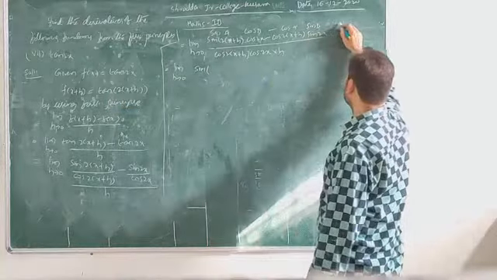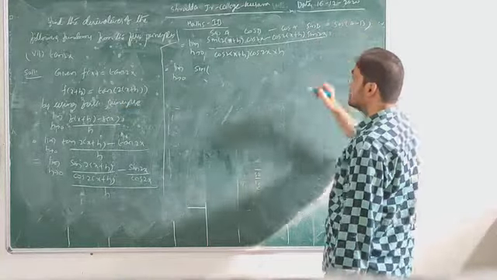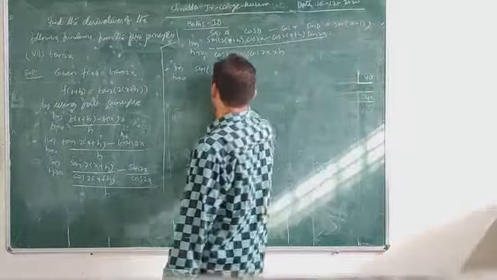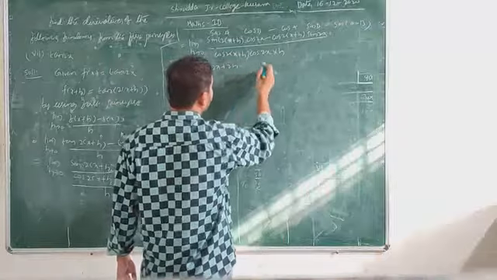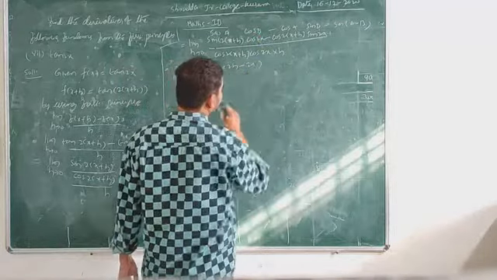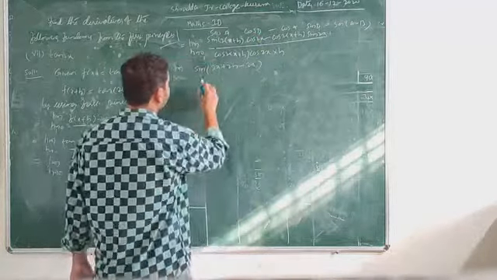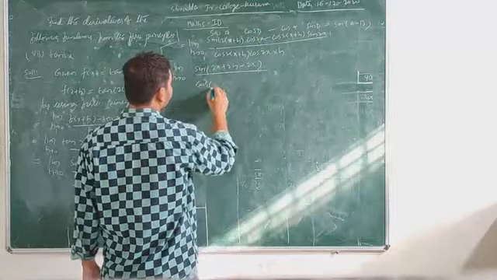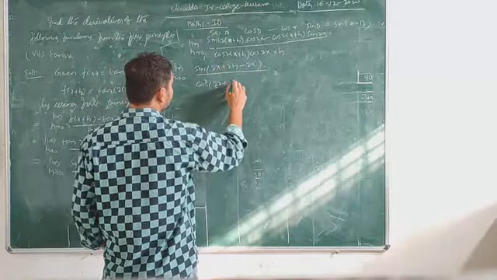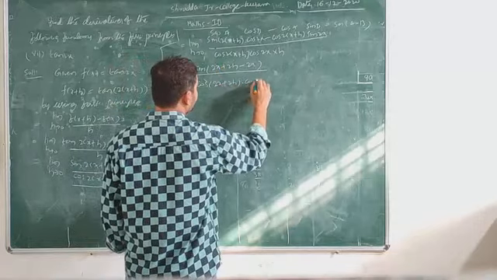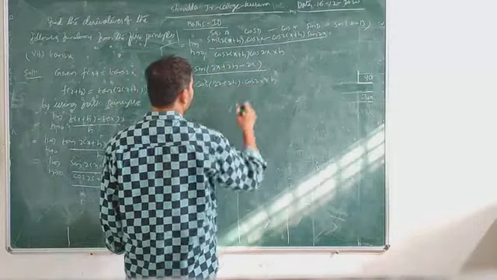Now this equals what? Sin of a minus b. What is a here? 2x plus 2h. What is b here? 2x. By cos of 2x plus 2h into cos 2x into h.